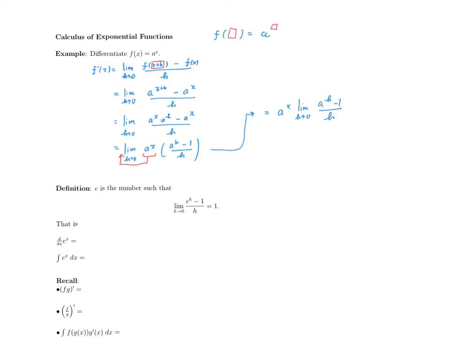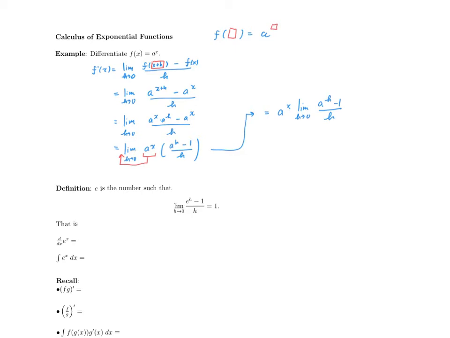And we still cannot substitute in h equals 0, but I do want to make an observation about this limit. By comparison to our starting point, these are very similar looking limits.